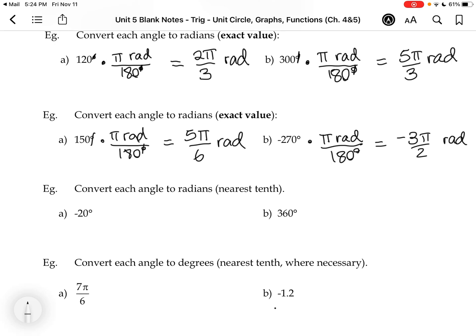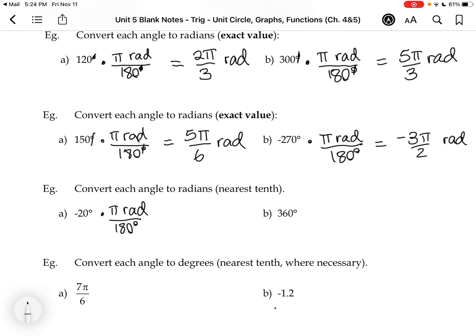Okay, in this second example, we're asked to convert to the nearest tenth. So to the nearest tenth, this is where we plug into our calculators, still multiplying by pi radians per 180 degrees.